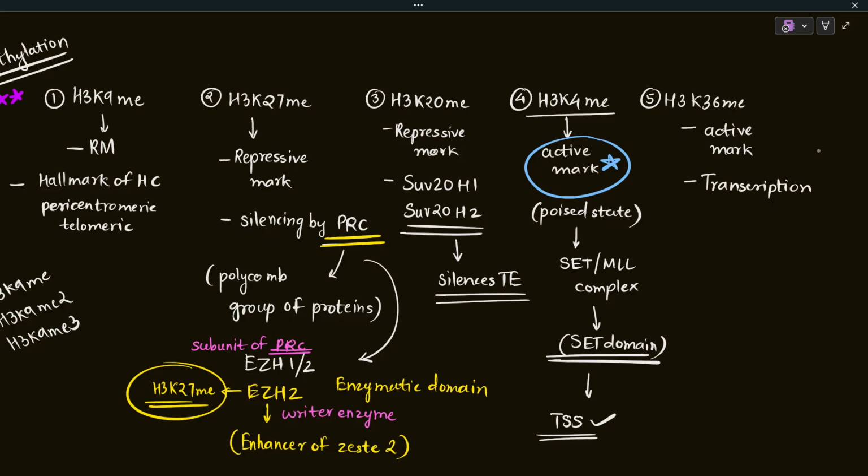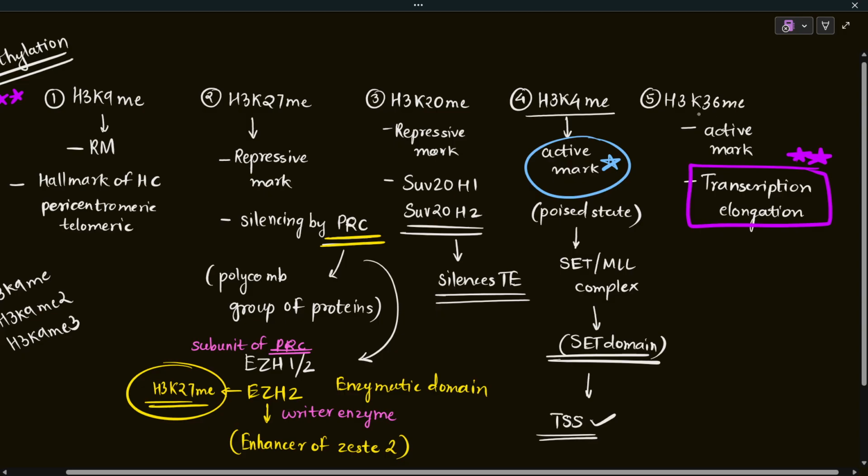This is a very important and very distinct thing, right? Why? Because all of those are either repressive marks or active marks. So H3K4 methylation denotes the activation of a gene, but H3K36 methylation denotes the transcription elongation. This is a very important point that you have to note.